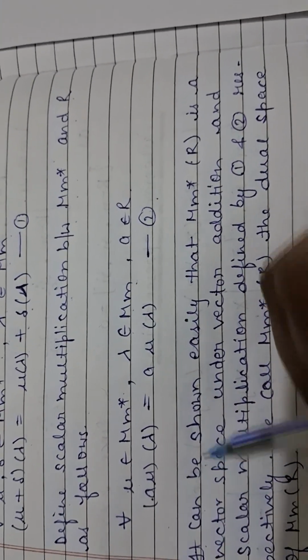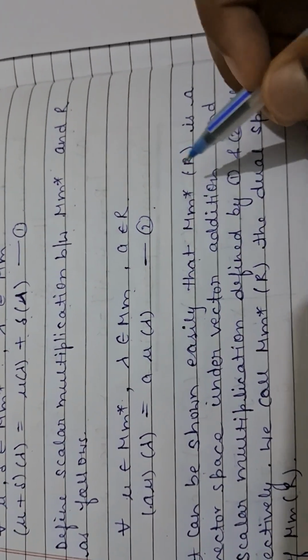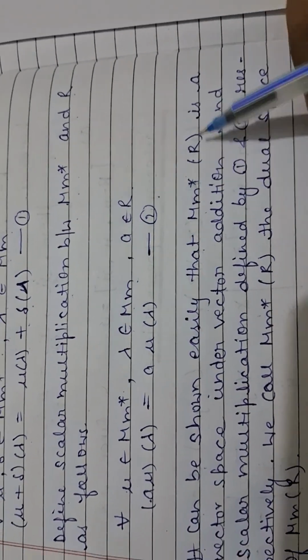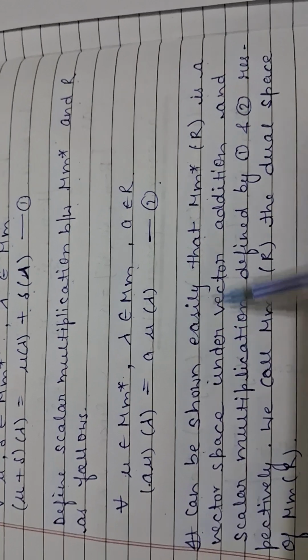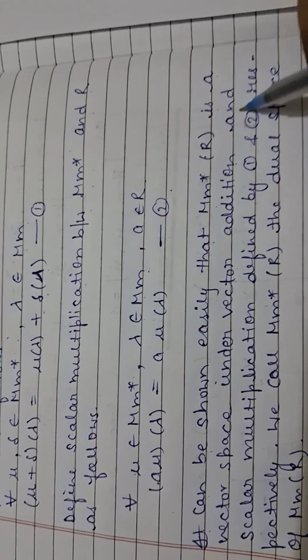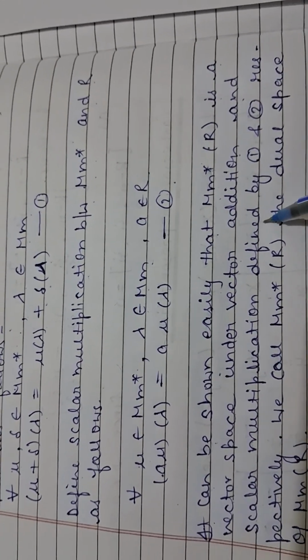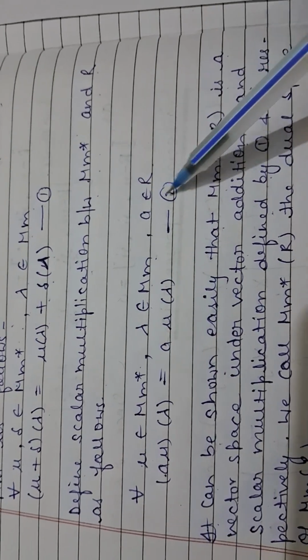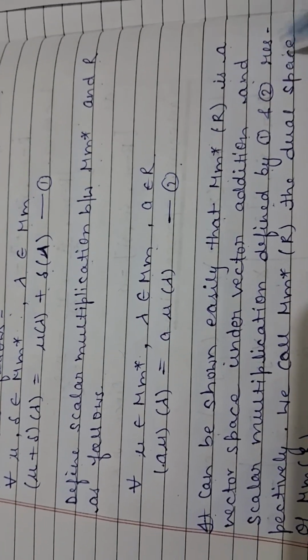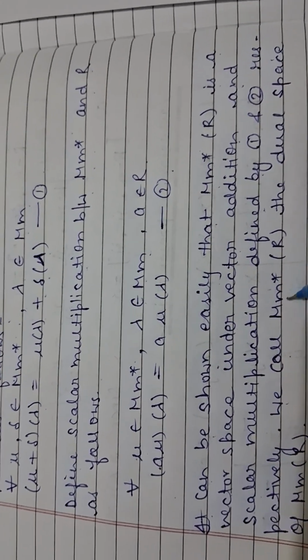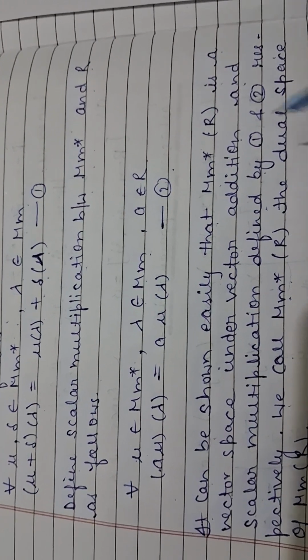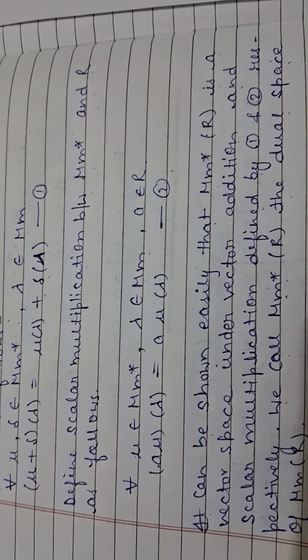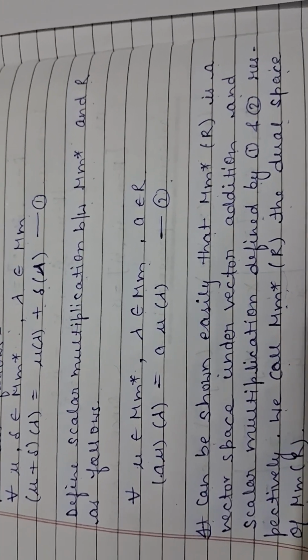It can be shown easily that M star(R) is a vector space under vector addition and scalar multiplication defined by 1 and 2 respectively. We call M star(R) the dual space of M(R).